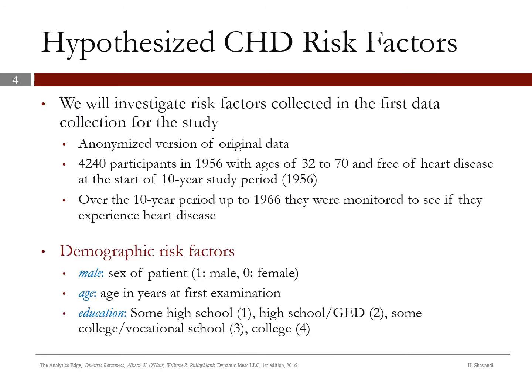In order to identify the risk factors, here we consider the risk factors collected in the first data collection for the Framingham study. In this data set, we have an anonymized version of the original data, and we have 4,240 participants in 1956 with ages of 32 to 70, and all were free of heart disease at the start of the 10-year period, I mean, at the time, 1956.